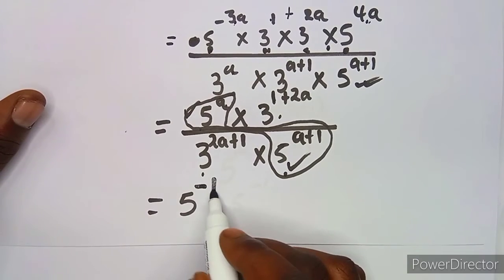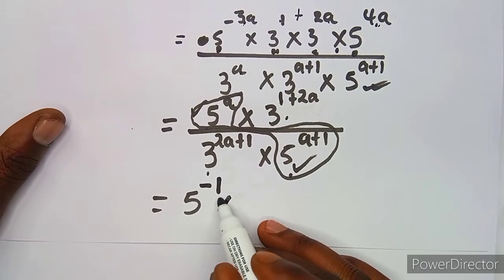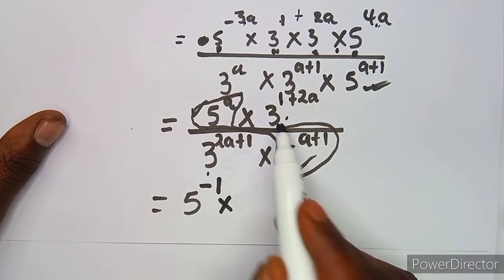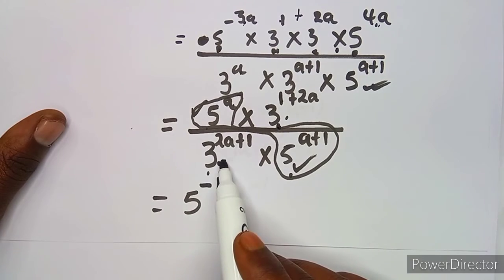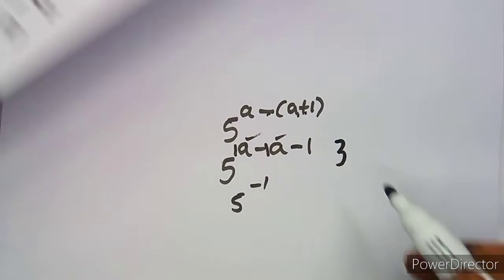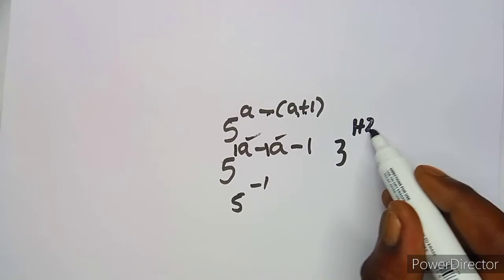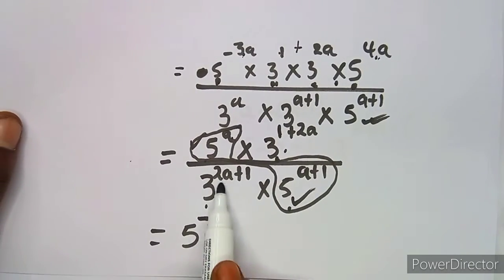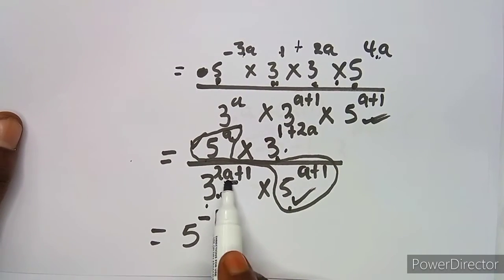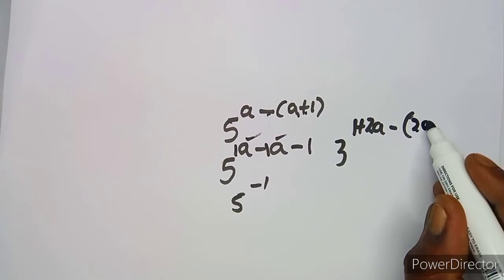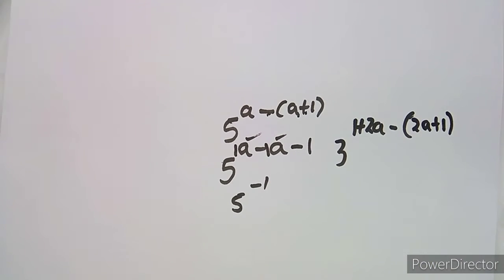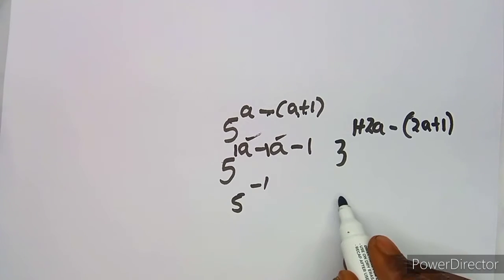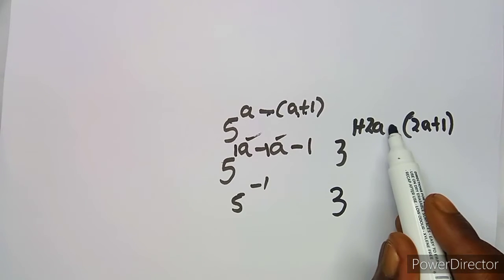So you're going to be left with 5 to the exponent of minus 1 times, okay, we have got 3 here and 3. Still these two are dividing, so we have to subtract the exponents. So it's 3 to the exponent of 1 plus 2a on the top there, minus, I open a bracket of what I'm subtracting. What am I subtracting? I'm subtracting 2a plus 1. So it's 2a plus 1, like this, open. Okay, so it's going to give us 3 to the exponent of what?